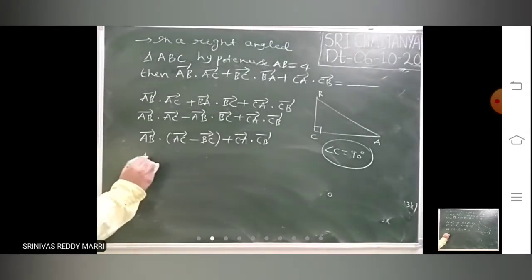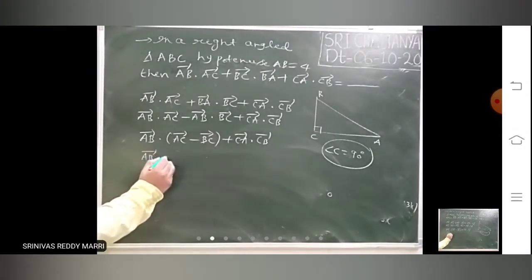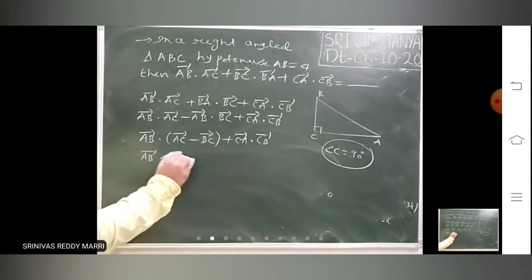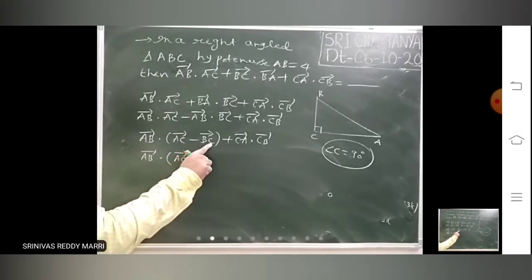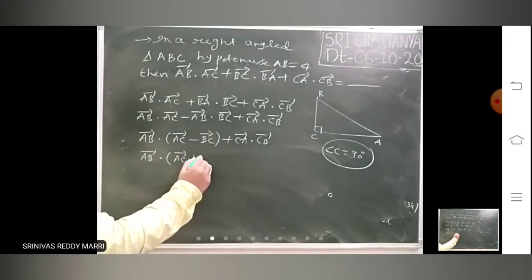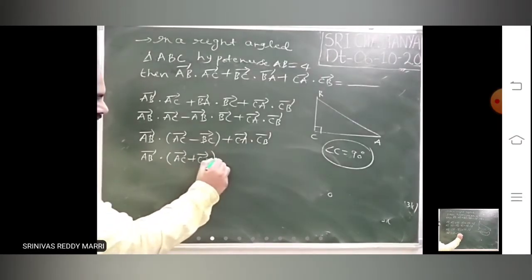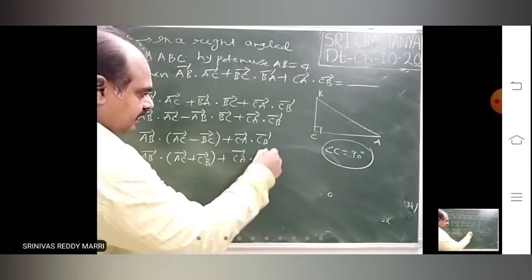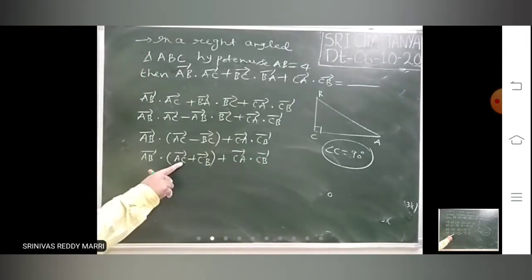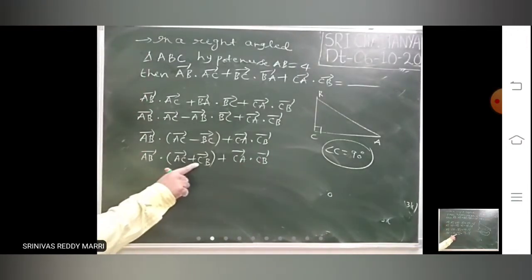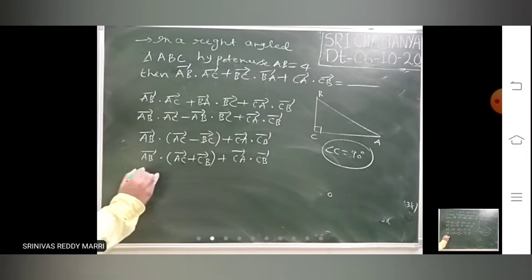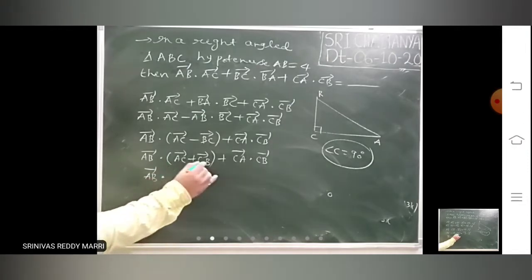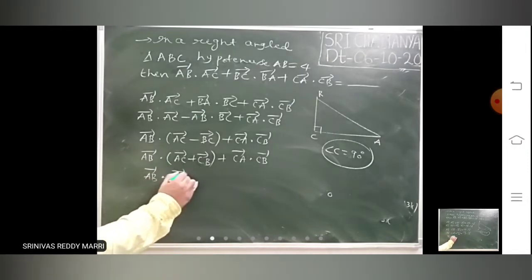Now if you look at here, AB bar dot, so this is AC bar. Minus BC bar is nothing but CB bar, plus CA bar dot CB bar. Now AC plus CB, C strike off according to triangle law. AC plus CB is what?